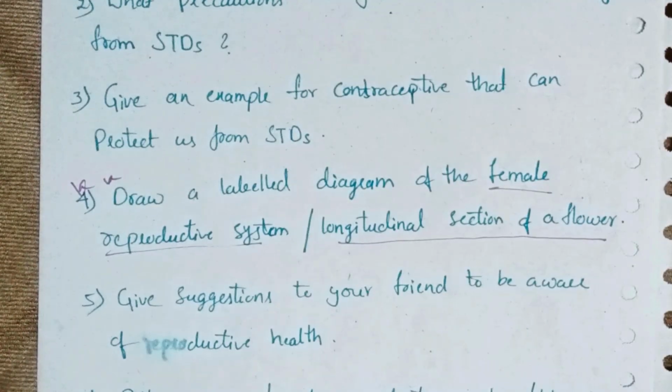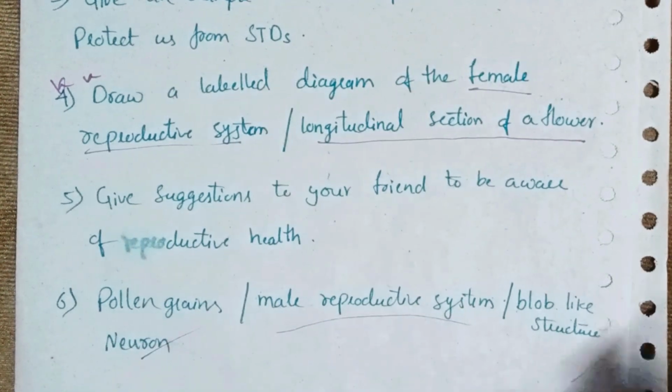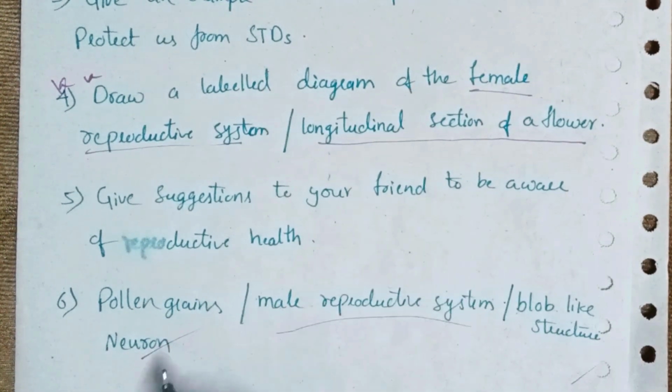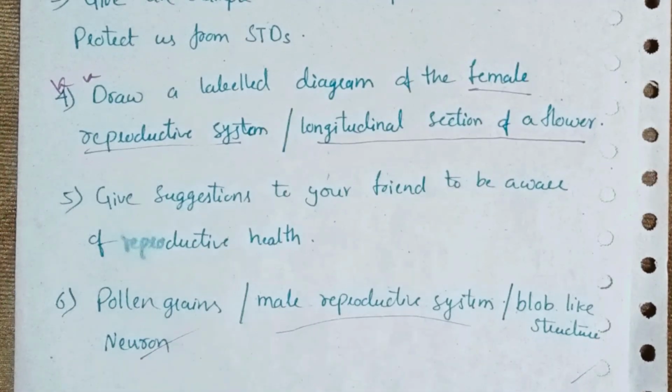Next, last question will be, explain pollen grains or explain the male reproductive system with a diagram. Sometimes they'll ask you about the neuron, whatever it may be. For these 4 marks questions, you need to draw a diagram also.